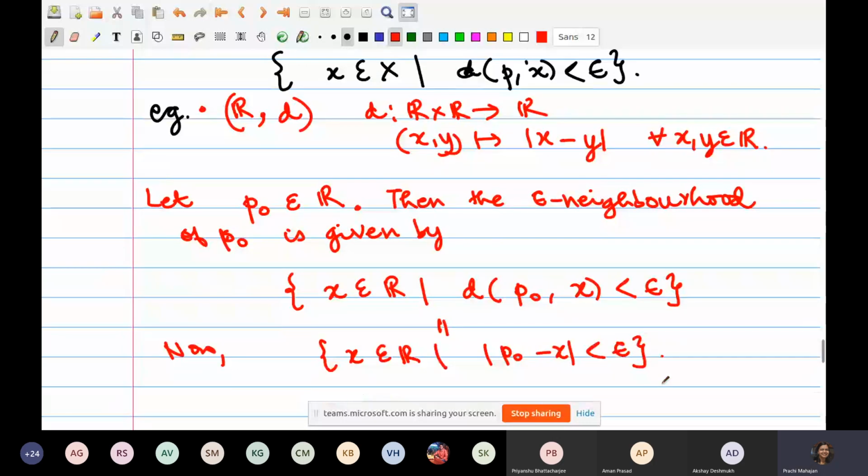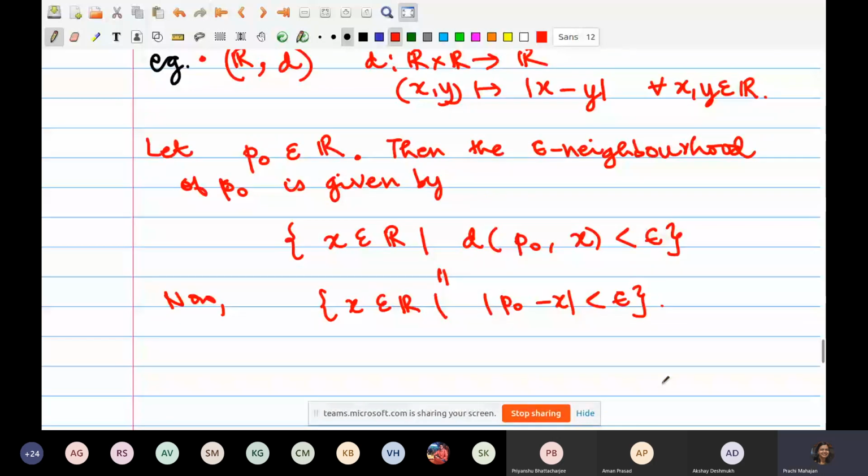Is everybody with me? And what is this? This is exactly the interval from P naught minus epsilon to P naught plus epsilon. So on the real line, you jot down this point P naught. Somewhere it is P naught plus epsilon and somewhere it is P naught minus epsilon.